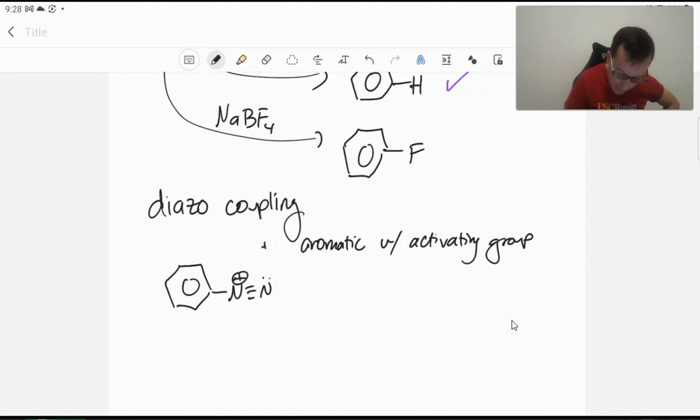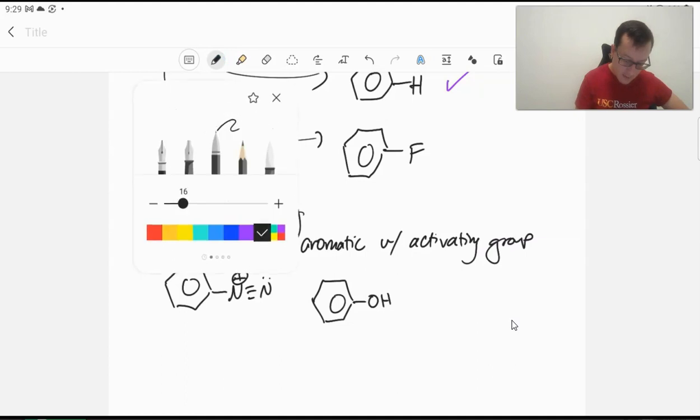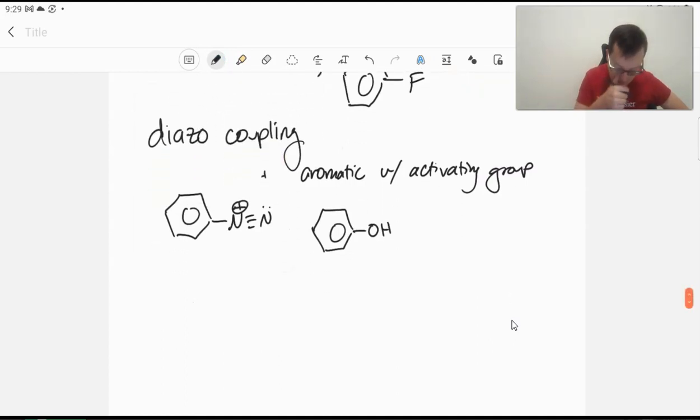So let's say we're going to add this dude. Well, OH is an activating group, strong activator, right? What's going to happen is you're going to actually get these two to couple together.